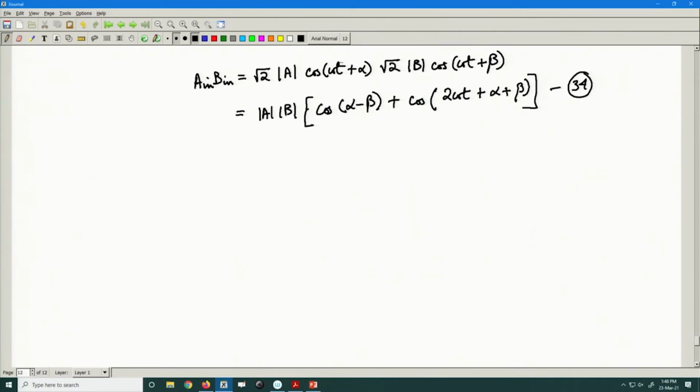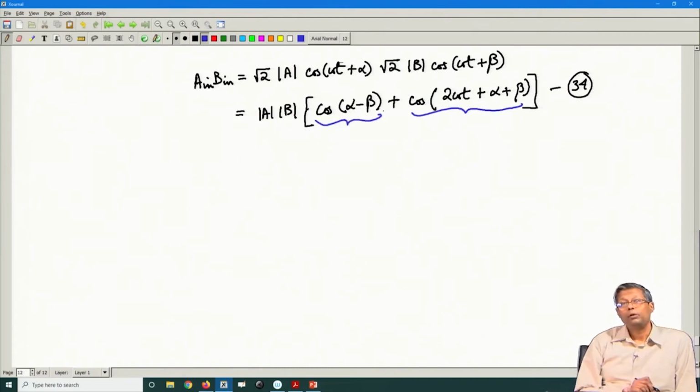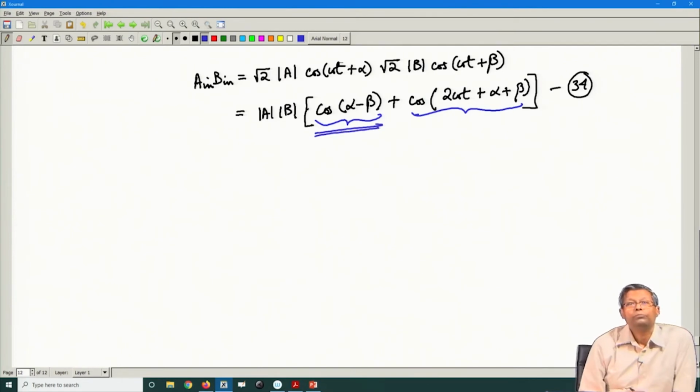Now, we compute the time average of this product. We see that there is a time dependent term and a time independent term. When you compute the time average, obviously this is a cosine function, so the time average of this will be 0. The time average will only be contributed by this term.